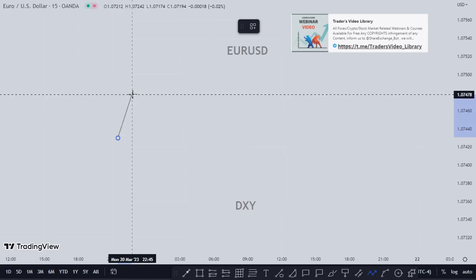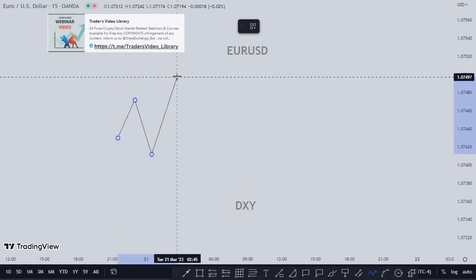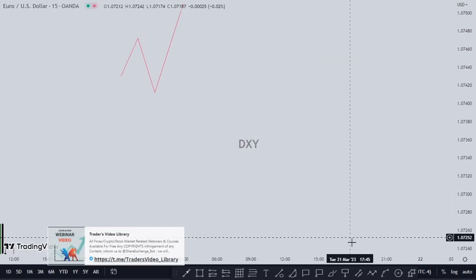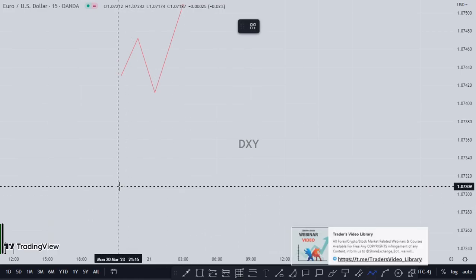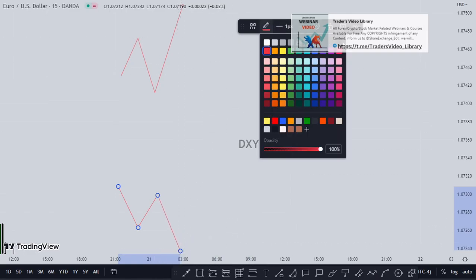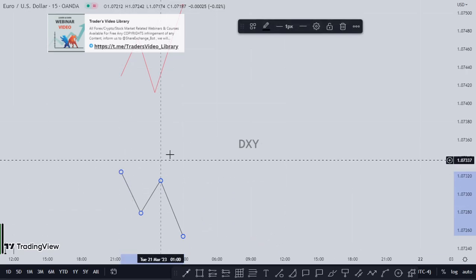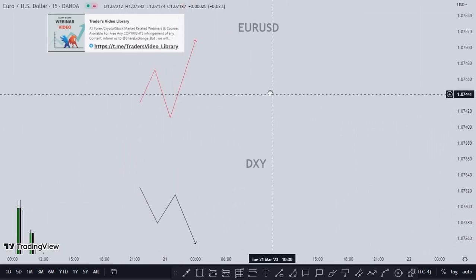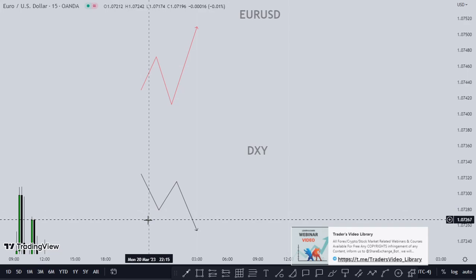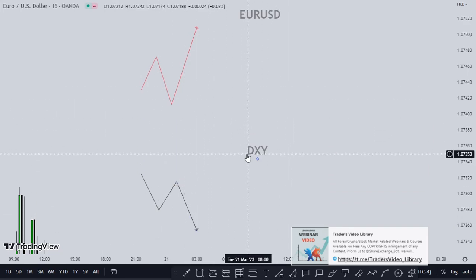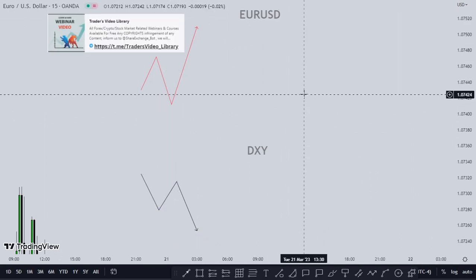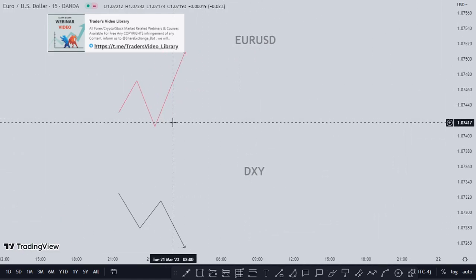So if your Euro USD makes a lower low and the dollar index failed to make the higher high, so they are inversely correlated. If Euro USD will make a higher high, the dollar index should make the lower low. If dollar index makes a lower low, Euro should make the higher high, and etc.